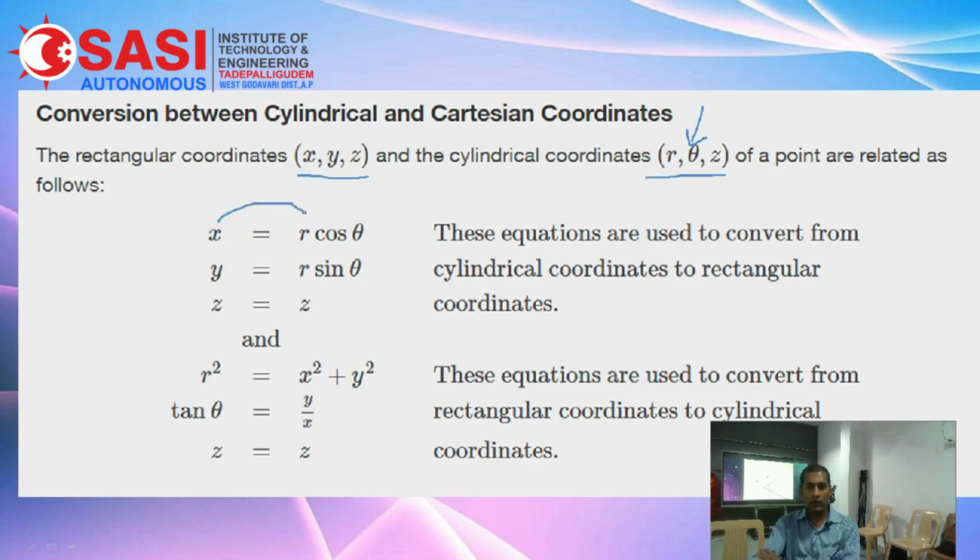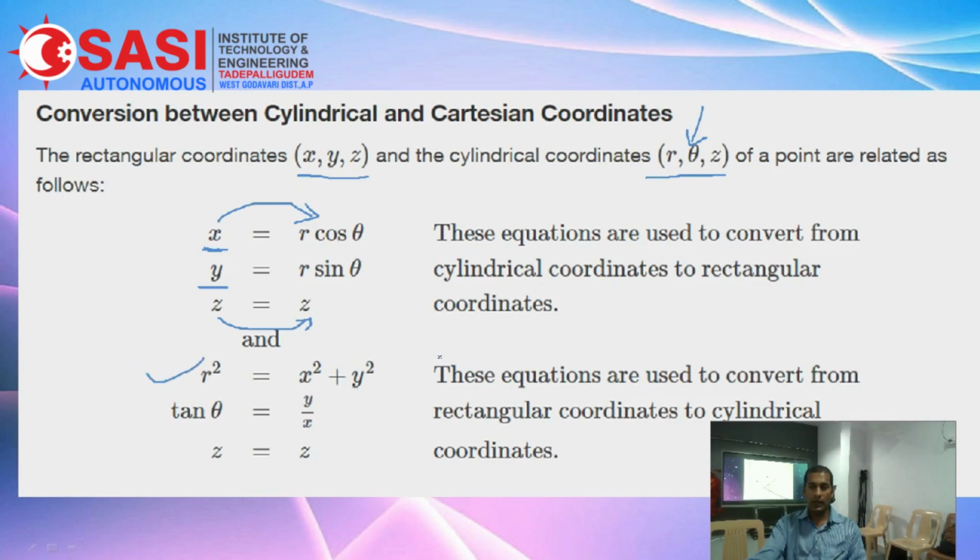Say x will be equal to r cos theta. So x of Cartesian coordinate system we are converting to cylindrical coordinate system. Then y is equal to r sin theta and z is unchanged. It is same. Height in Cartesian coordinate system and height in cylindrical coordinate system is same. And r square we can write as x square plus y square.